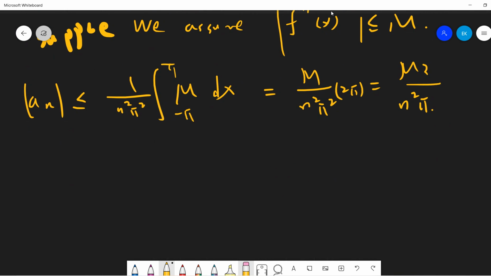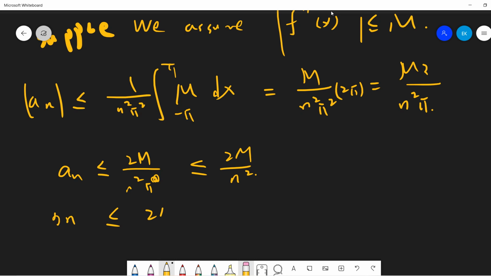I can just write it as 2M divided by n squared. And for the same reason, b n is bounded by this too.